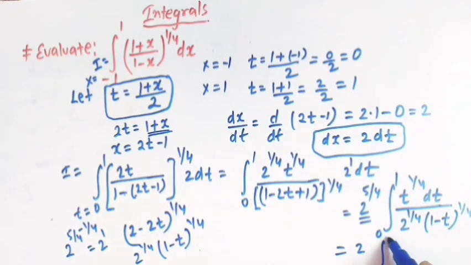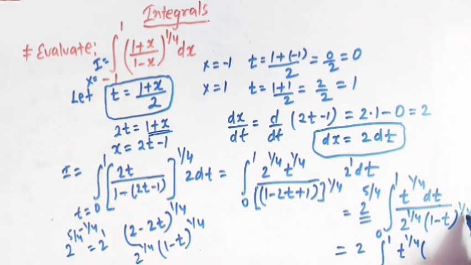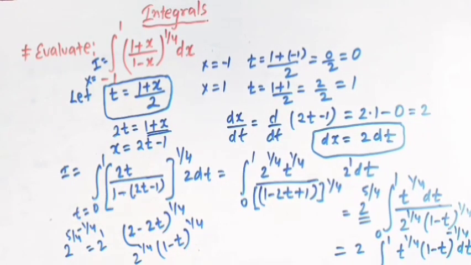Then we have t raised to 1 by 4, and here we have 1 minus t raised to 1 by 4. Taking 1 minus t raised to 1 by 4 to the numerator, we have 1 minus t raised to minus 1 over 4, and here we have dt, right?